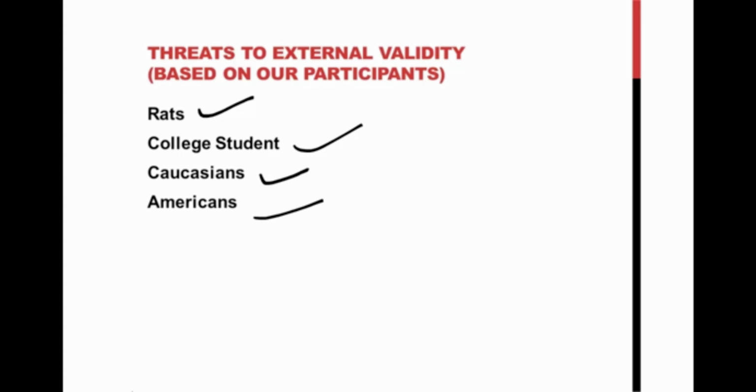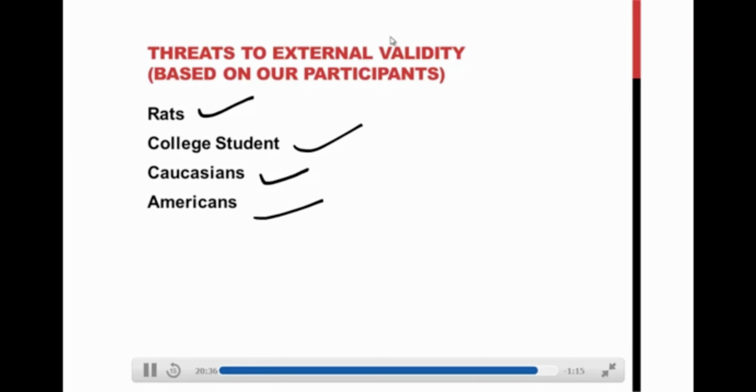That is, people from what we see as the typically majority culture within America. Do results related to white Caucasians apply to all other cultural backgrounds and all other ethnic backgrounds? Probably not, right?